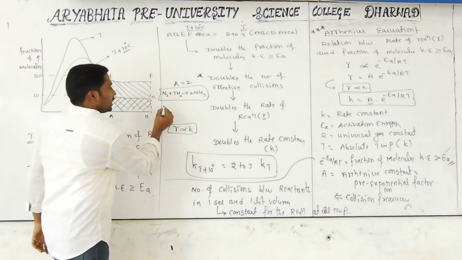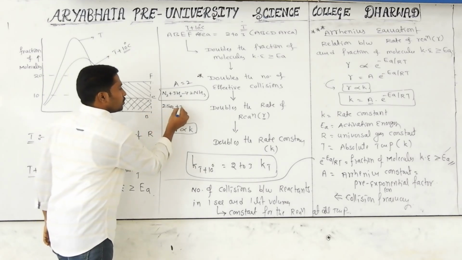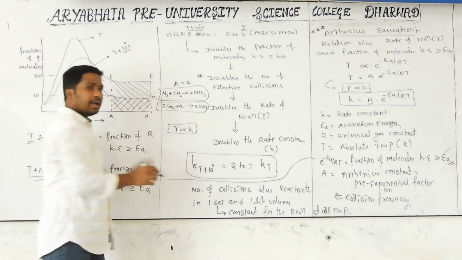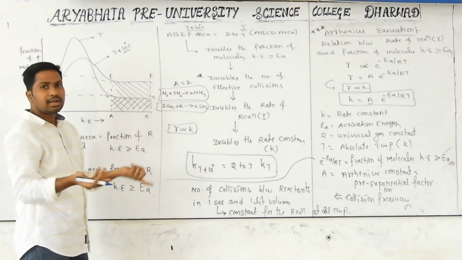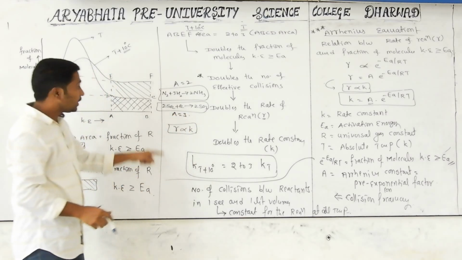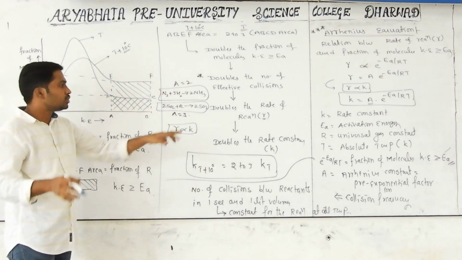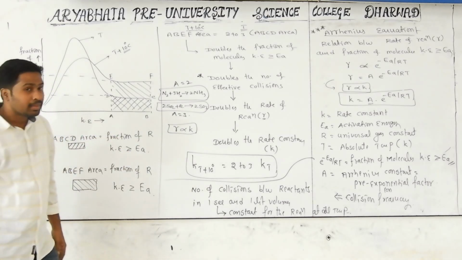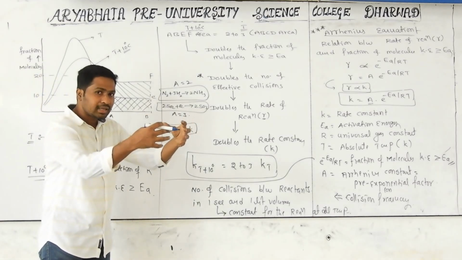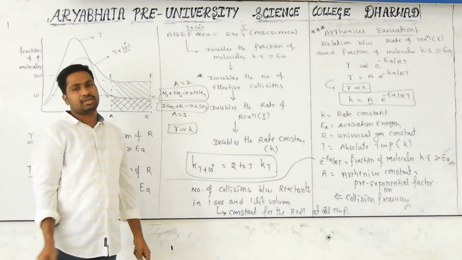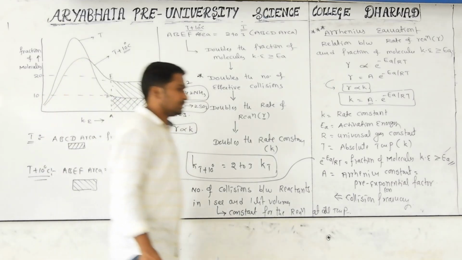Now take 2SO2 plus O2 gives 2SO3. The Arrhenius factor changes because the reaction changes. For this reaction, say it is 3, but whatever temperature you maintain, the A value will be fixed. What is the collision frequency? The number of collisions between the reacting molecules in 1 second in 1 liter volume of the reacting mixture. All of you got it? Yes.